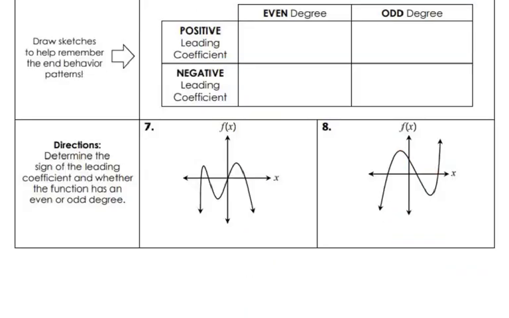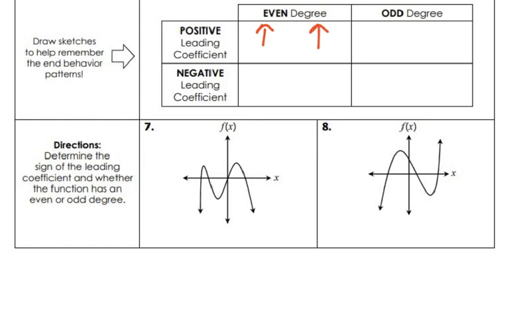Alright, how to remember it? This is going to be kind of like a cheat sheet for you. This table is going to help you remember how to recognize end behavior, and the sketches are going to help you do that. When we have a positive leading coefficient and an even degree, both ends are going to go up.